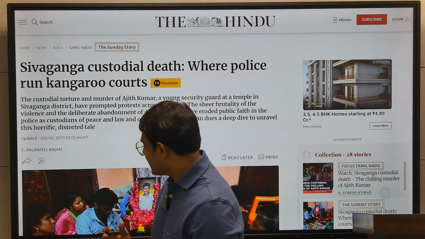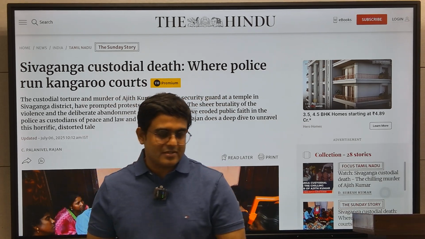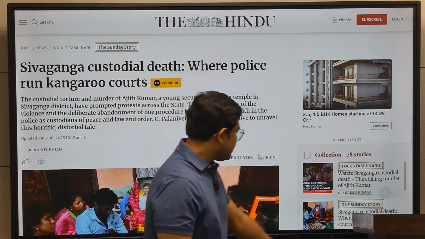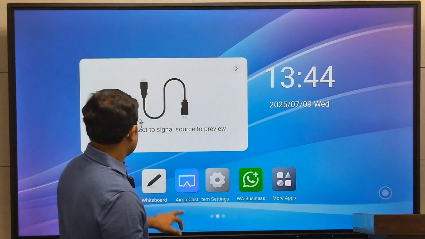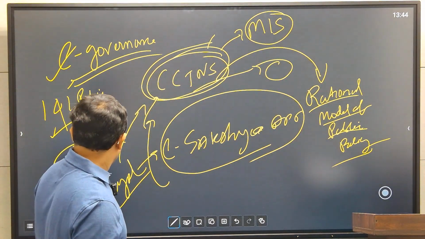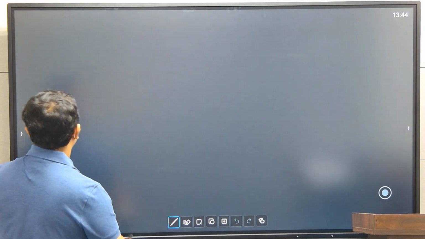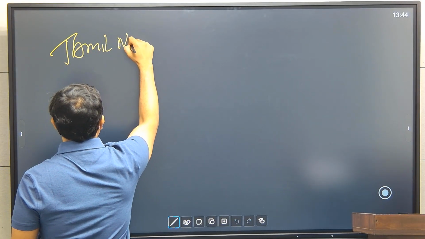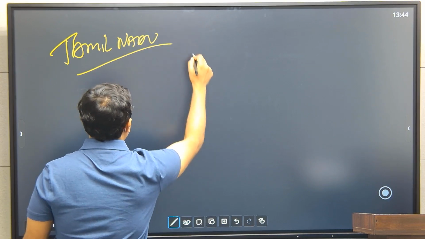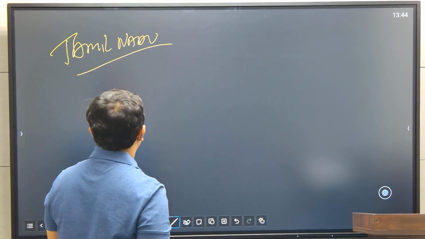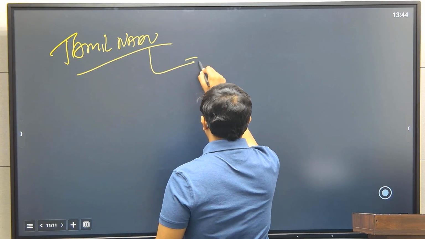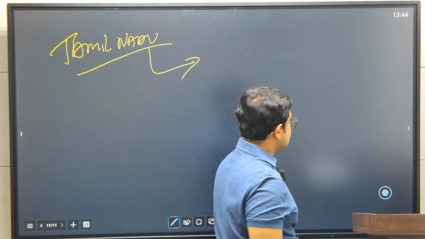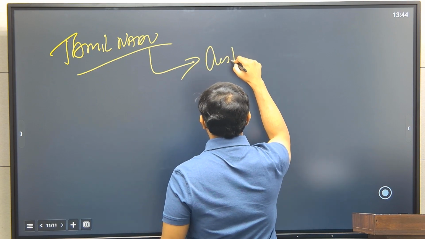So now let's connect with public administration. So Tamil Nadu. Case of custodial death.